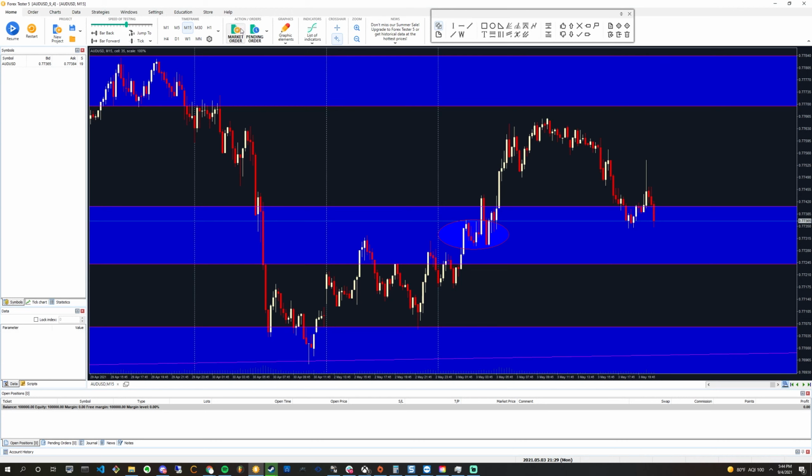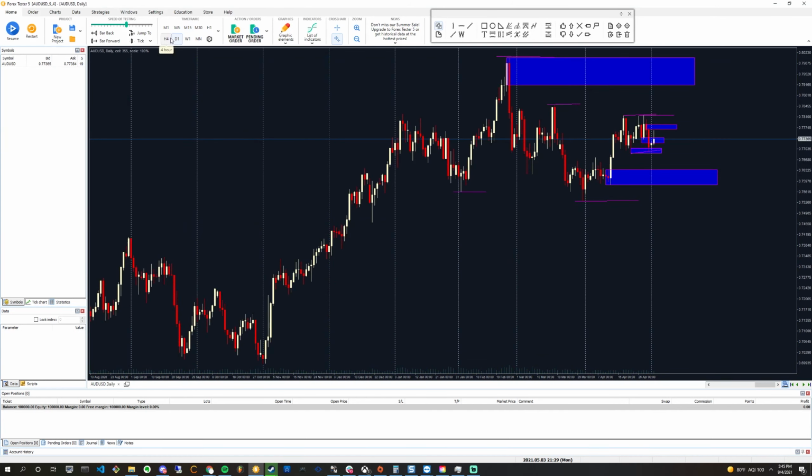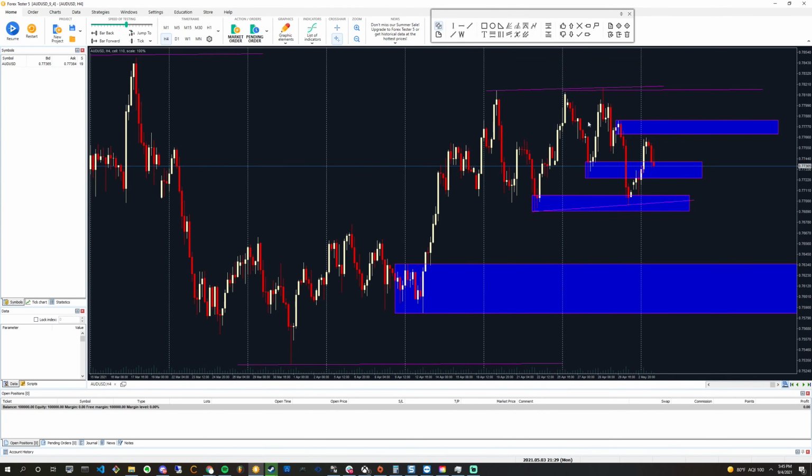Okay, so this is going to be a really terrible entry, but I think that our idea is playing out. I think that we're about to see a push to the downside down to here. 4 hours looking good. We got a nice tail there, filling in that price.